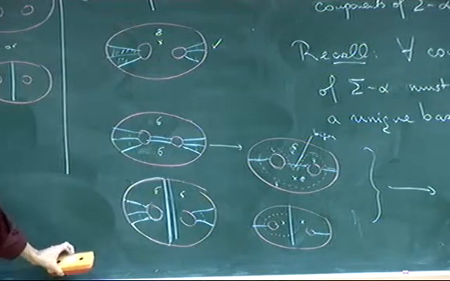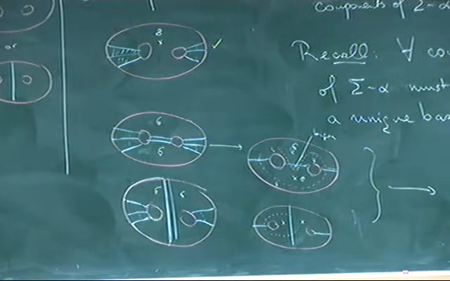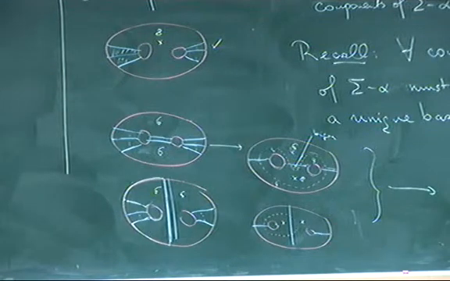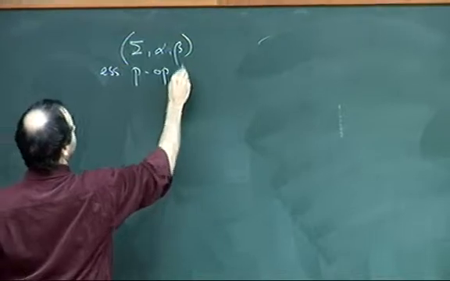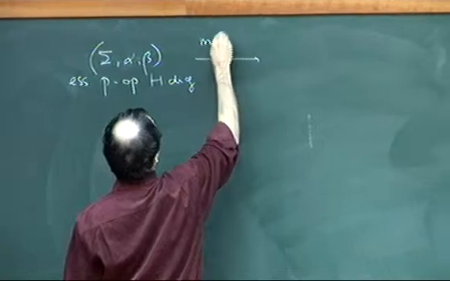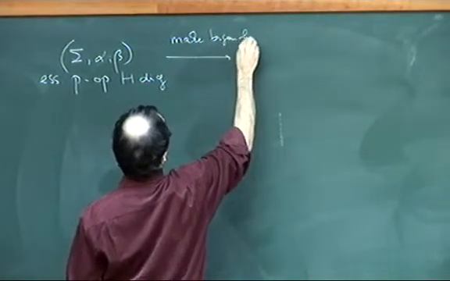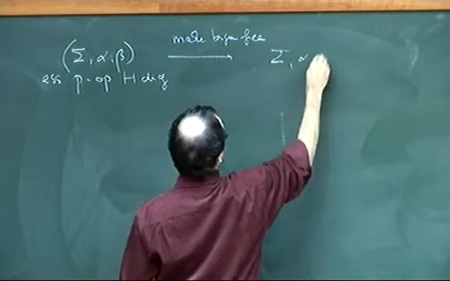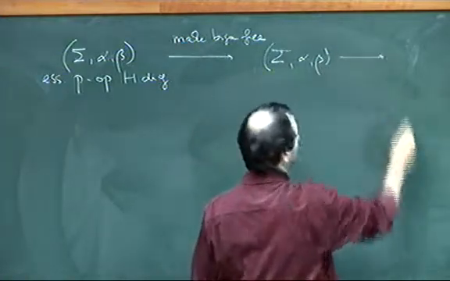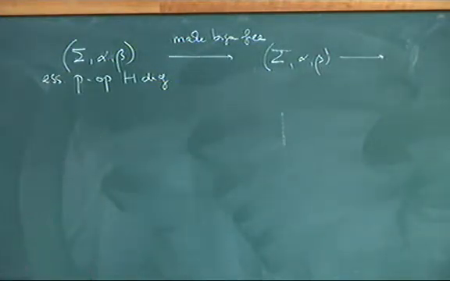Okay, so what happens? Start with a pair of pants, essential pair of pants Heegaard diagram. Then make it bigon free, and I will denote it by the same letters.